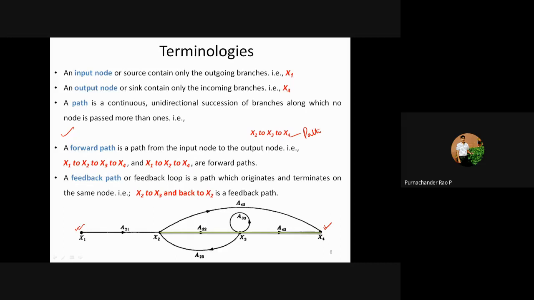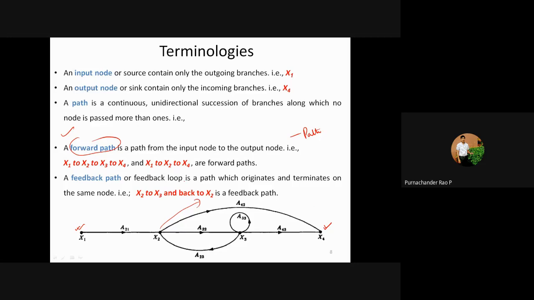So whenever you are going for the signal flow graph approach, you should see that it is a forward path. Here we have seen three different paths, but only two forward paths: one is x1 to x2, x3 to x4, and another is x1 to x2, x2 to x4.